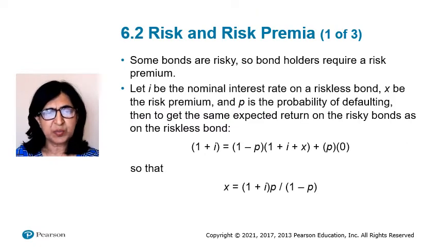Risk and risk premia. Until now, we assumed there was only one type of bond, but bonds differ in several ways. They differ in terms of maturity, i.e., the length of time over which they promise payments. For example, 1-year government bonds promise one payment a year, while 10-year government bonds promise a stream of payments over 10 years.